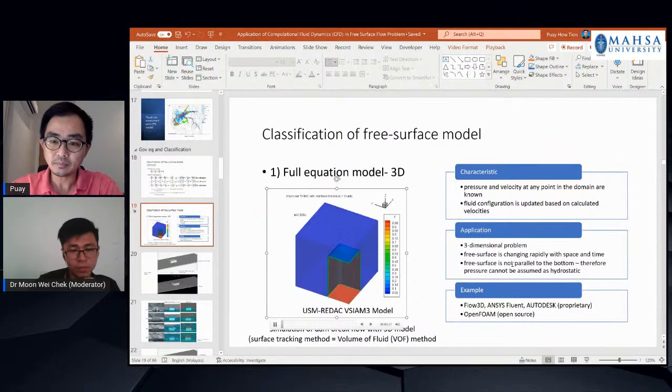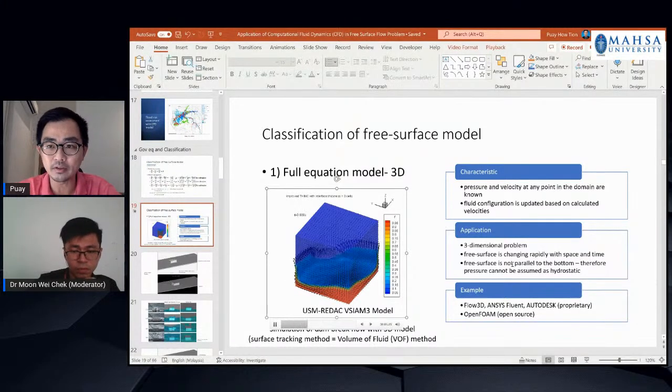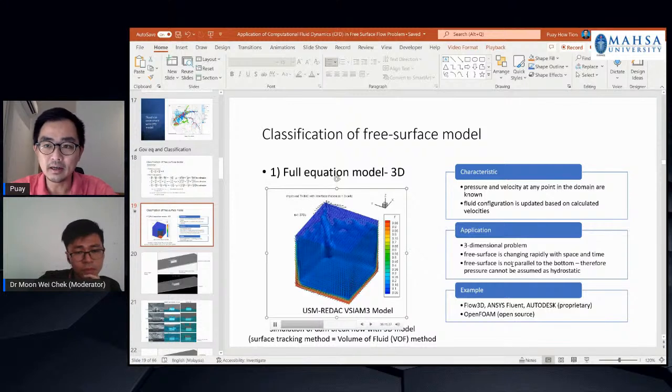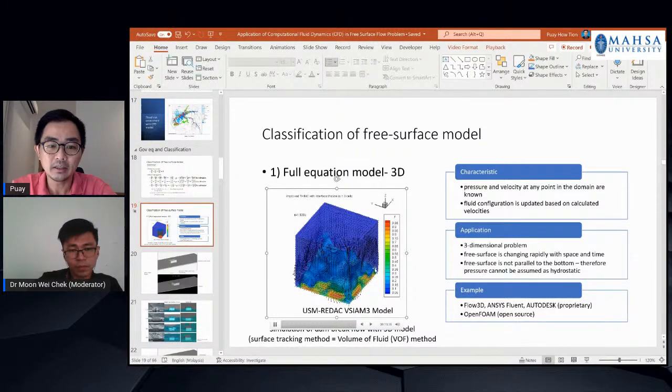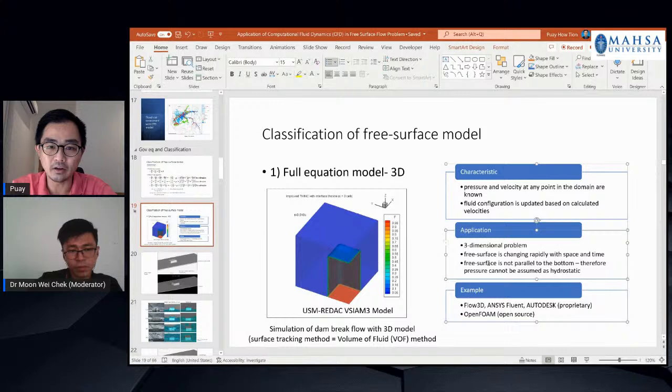Also in cases where the free surface is changing very rapidly with space and time, for example in tsunami and sloshing tank. The pressure is not hydrostatic in this kind of phenomena, so it is more accurate to use a 3D model.